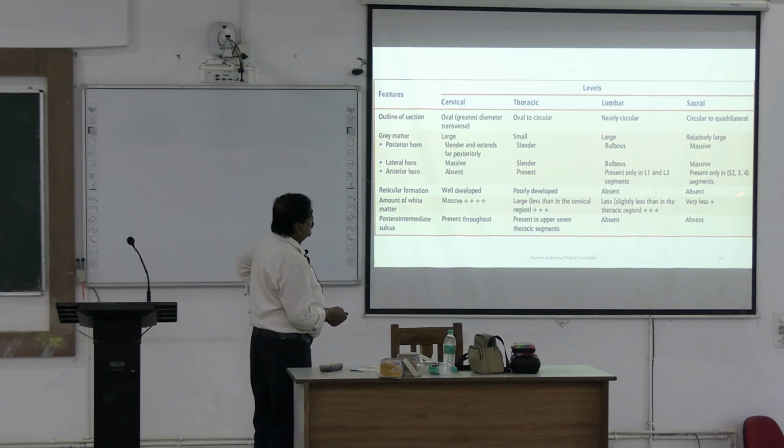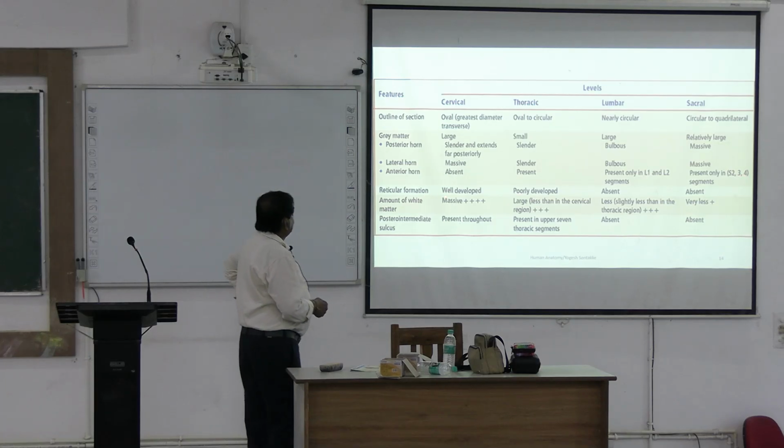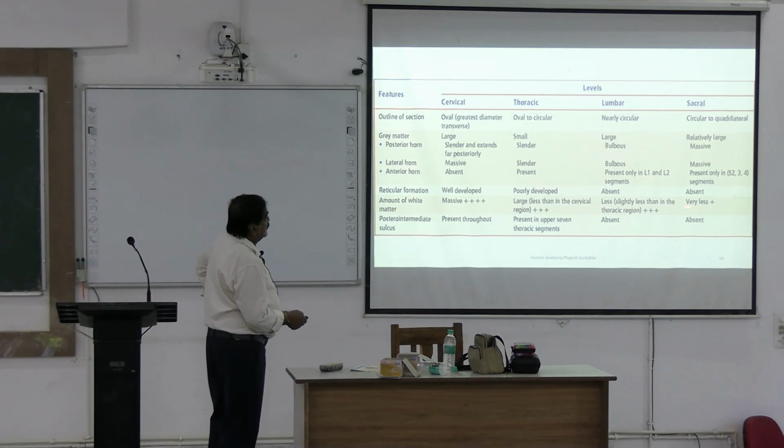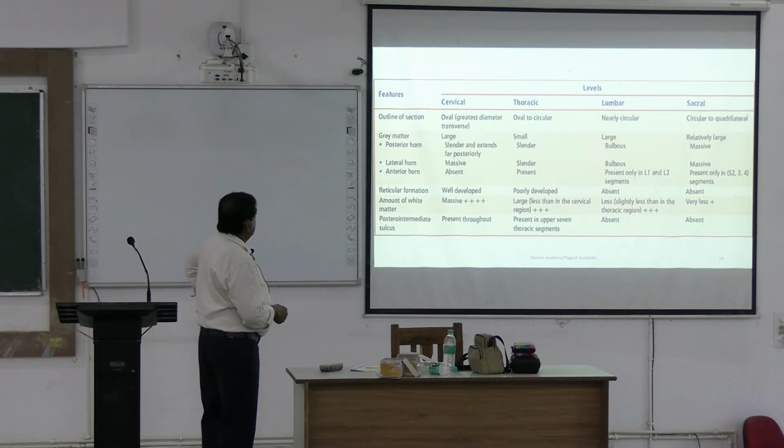Reticular formation is well developed in the cervical region, poorly developed in thoracic, absent in lumbar and absent in sacral. Amount of white matter: massive, 4+, in the cervical region; large, less than in cervical, 3+, in the thoracic region; slightly less in lumbar, 3; and very little in the sacrum.